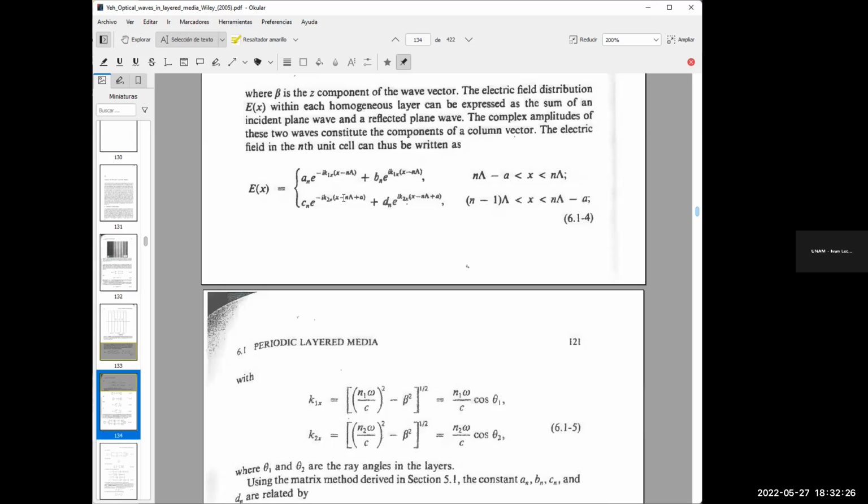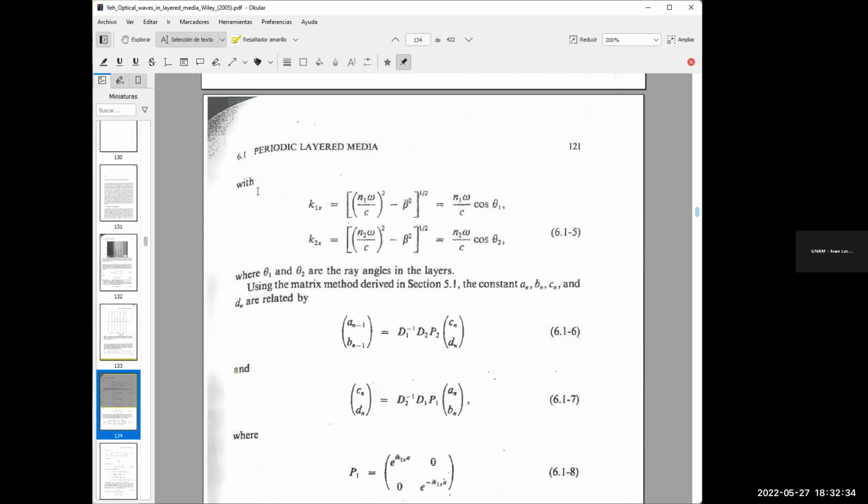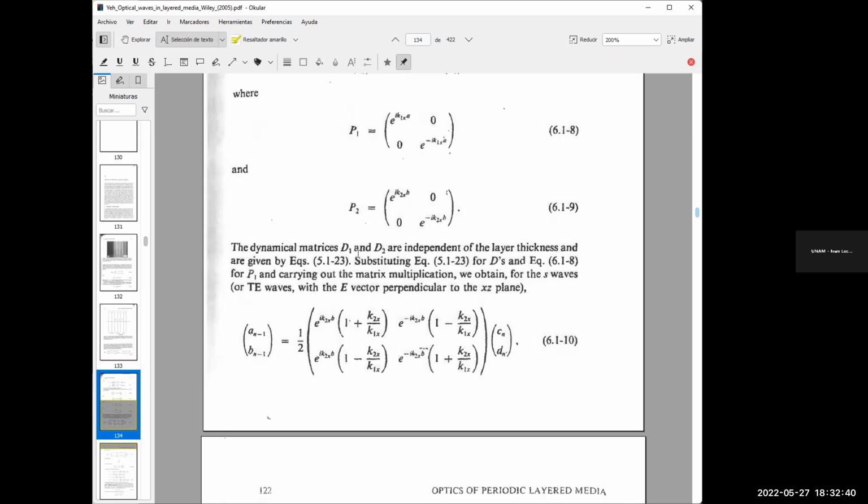And so this can be analyzed with electromagnetism.